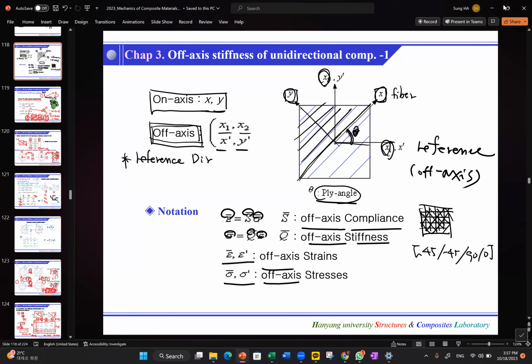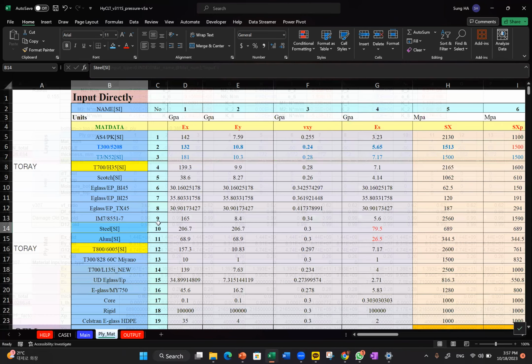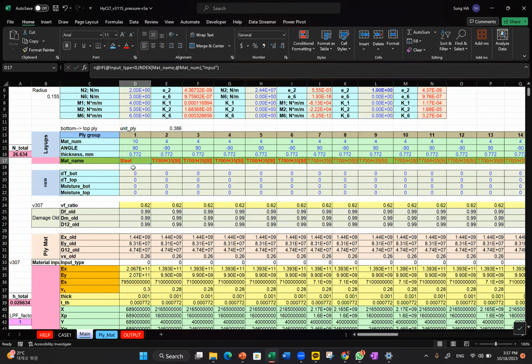So we say, okay, we choose 10, and that means the material name is steel. This steel, 10 name is automatically called from here. Okay, if we delete this, just a steel, then as you can see here, it's just a steel.